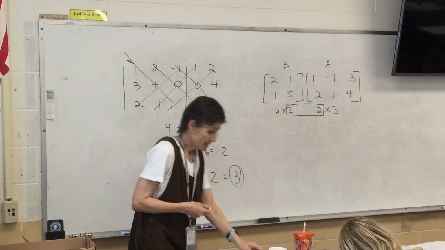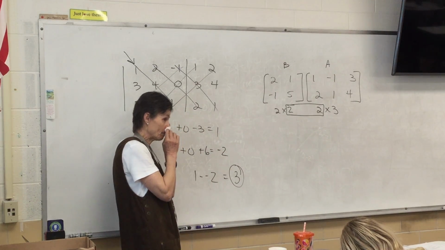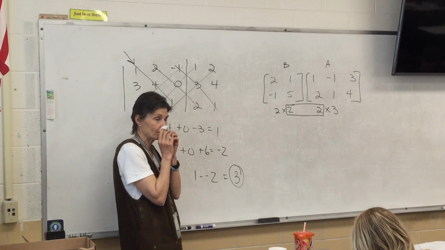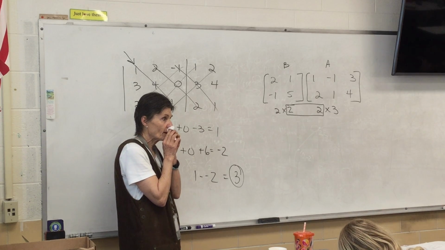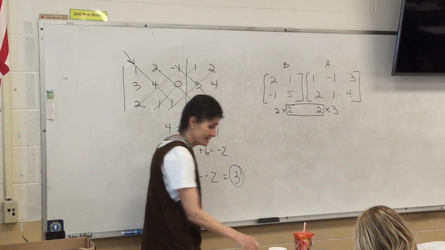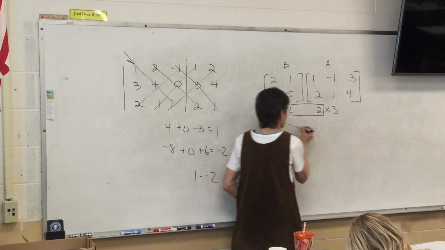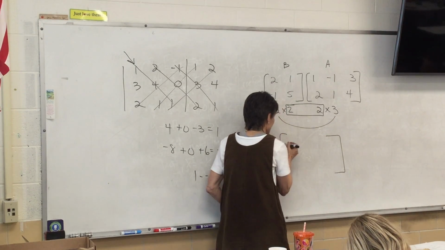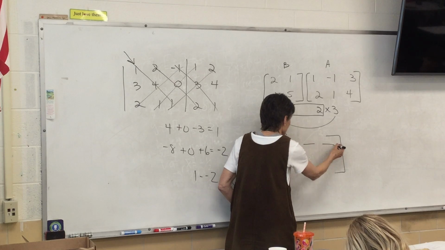Now, I'm doing B times A because that's what the problem says. So then, I don't just randomly change. I do what the problem says. Now, my answer is going to be another 2 by 3, right? So it's gonna have 2 rows and 3 columns.